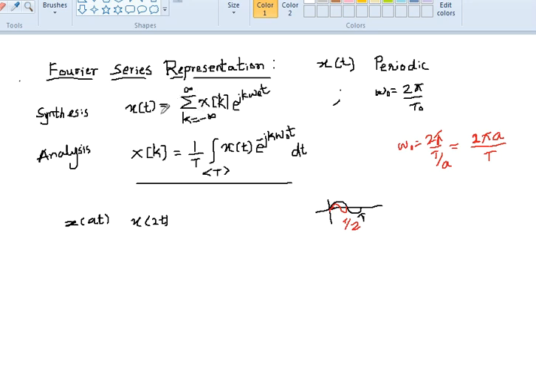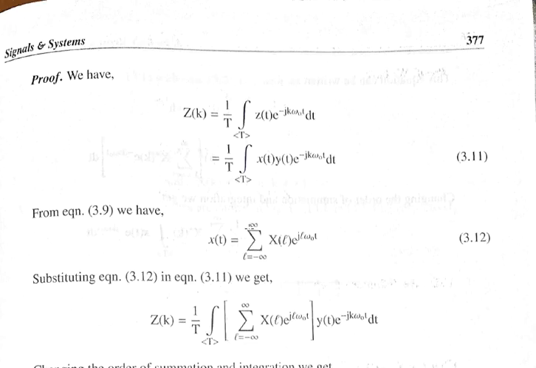Then this equation becomes the sum over L from minus infinity to plus infinity, x of L, e raised to j L omega naught t. So we are just writing the synthesis equation, and let's substitute this x of t here. So after substitution, we get it in this way.